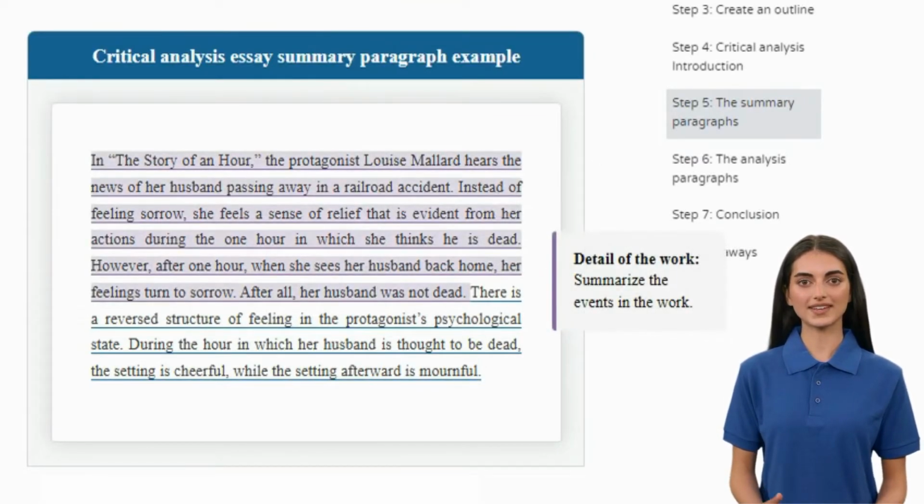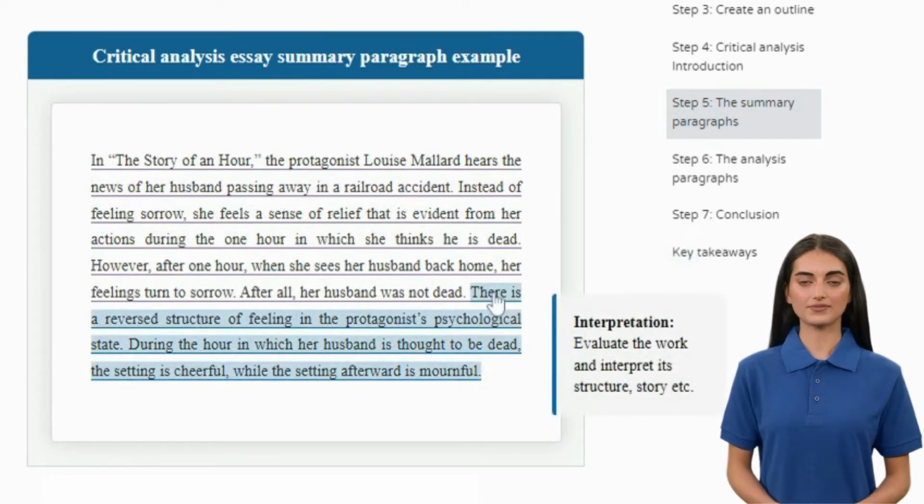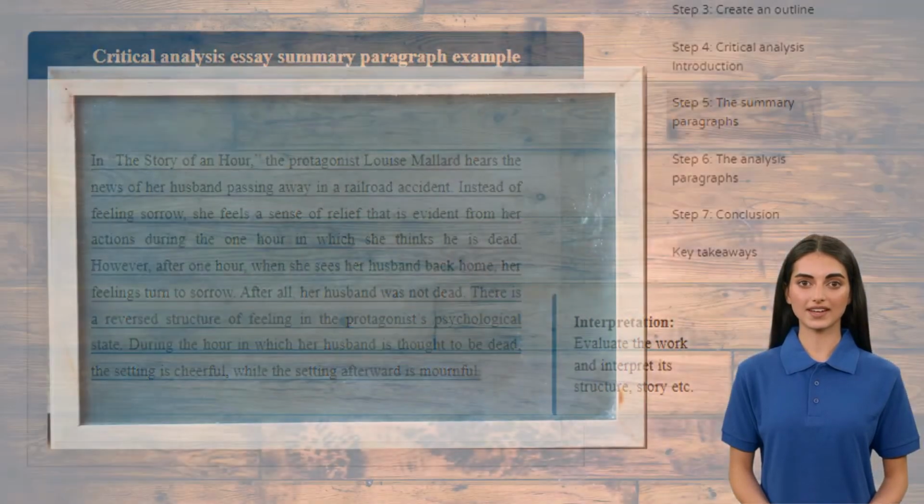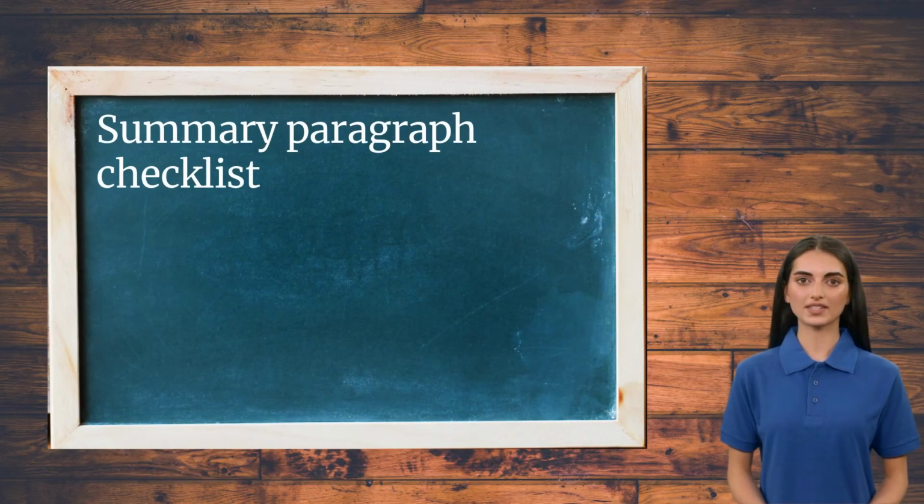In the opening sentence of the summary paragraph, the writer summarizes the main events of the work, especially the issues dealt with by our protagonist, Louise Mallard. Then the writer closes the first summary paragraph by interpreting these events and evaluating the work in terms of structure and setting.